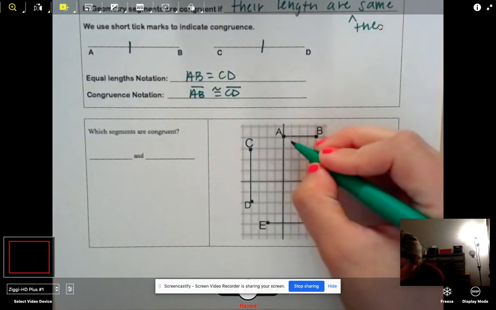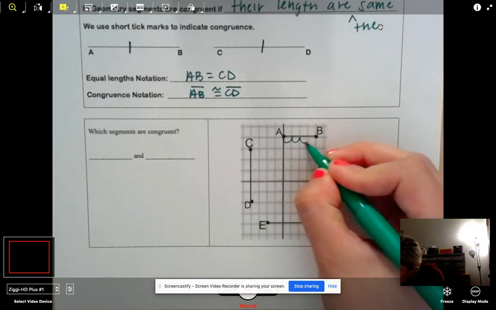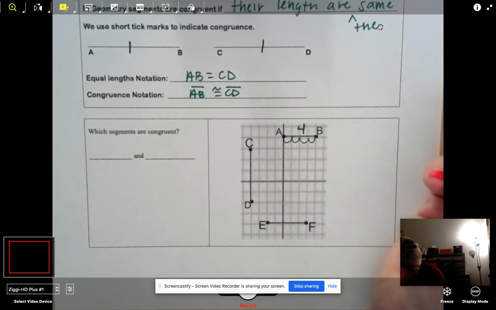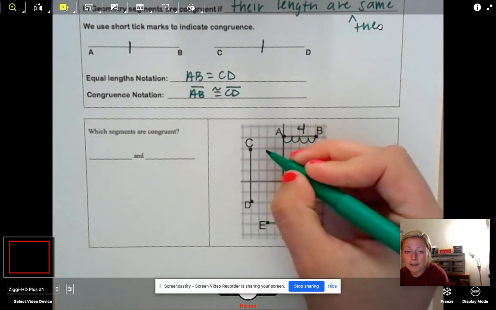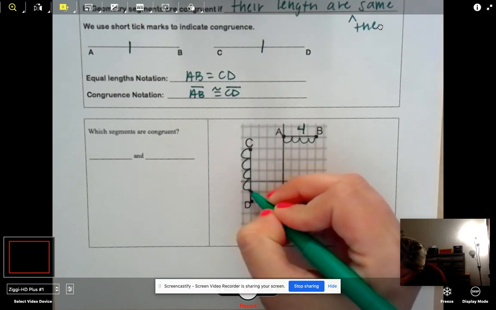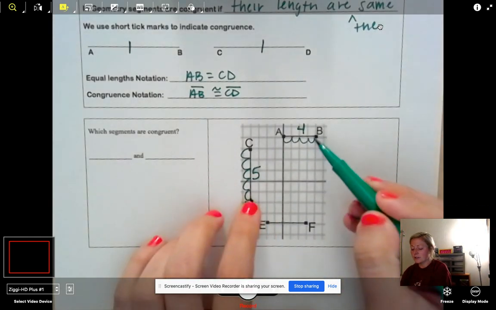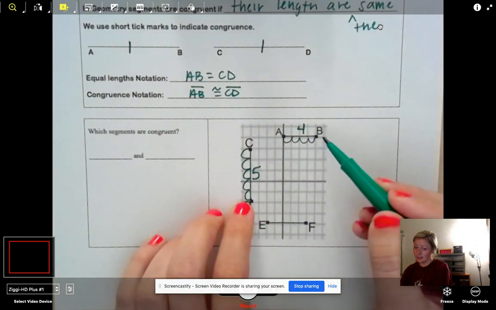Okay, so if I want to find the length of AB, I'm going to count the spaces. So 1, 2, 3, 4. If I want to find the length of CD, 1, 2, 3, 4, 5. So right now I can already tell you these two aren't congruent because they have different measures.